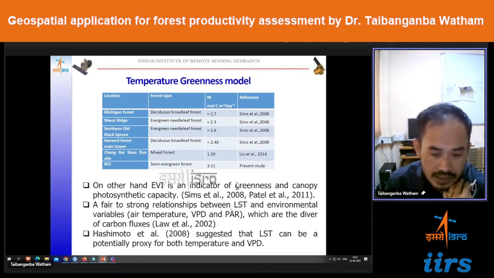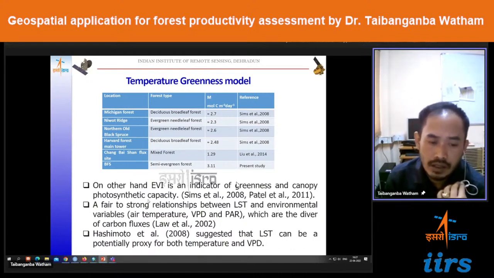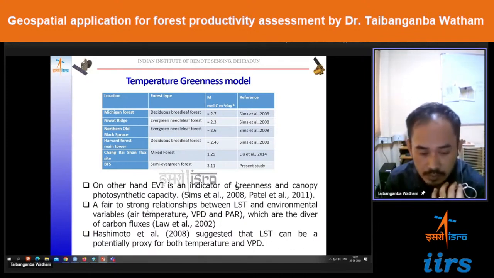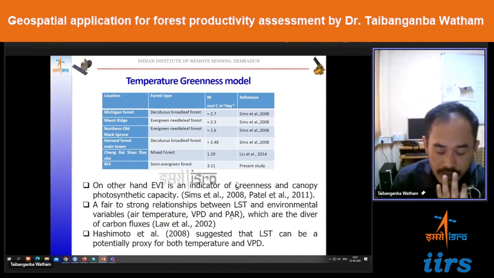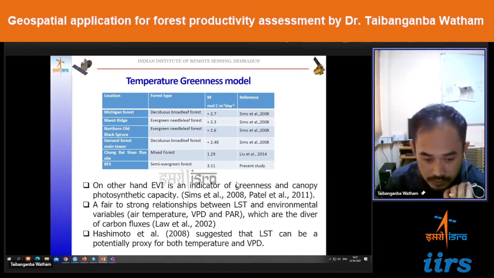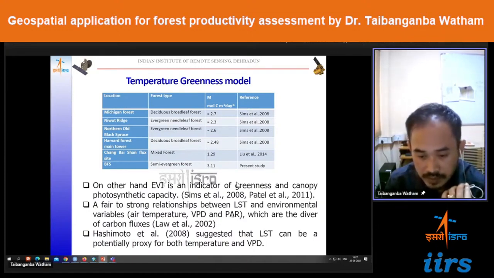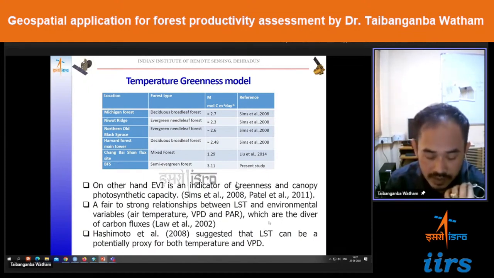People have seen and reported that the LST value has a very strong relationship with the air temperature, the VPD, and the incoming solar radiation, particularly in the 0.4 to 0.7 micrometer range. These variables, air temperature, VPD, and incoming solar radiation, very much control the carbon flux or the vegetation productivity of an area.